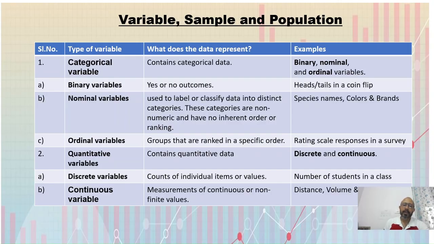Next we come to quantitative variables. Quantitative variables contain quantitative data, discrete and continuous. Discrete variables are counts of individual items or values, like the number of students in a class, maybe 50 or 60 students in a class.